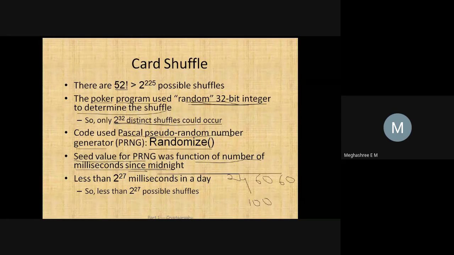Whatever value we get here is less than 2 power of 27. That's why I've written here less than 2 power of 27 milliseconds in a day. Then obviously the possible shuffles will be less than 2 power of 27 only.